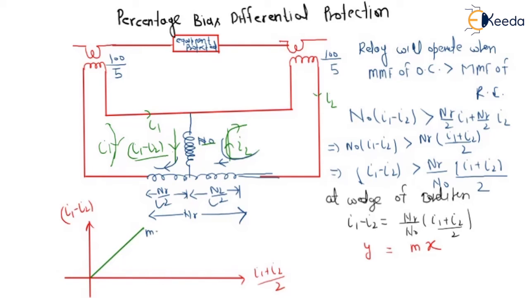M is the slope, and that is NR upon N naught. So the relay will operate when I1 minus I2 must be greater than NR upon N naught into I1 plus I2 by 2.